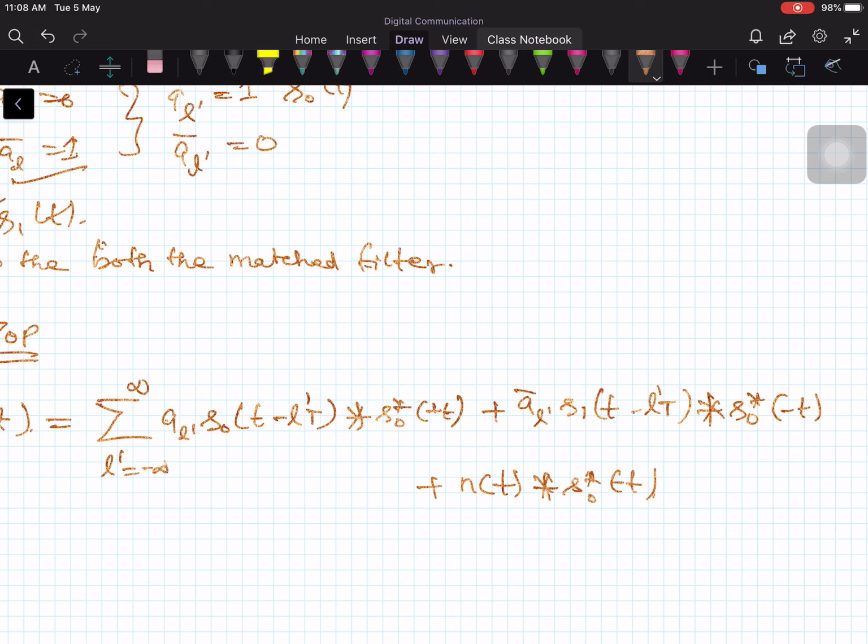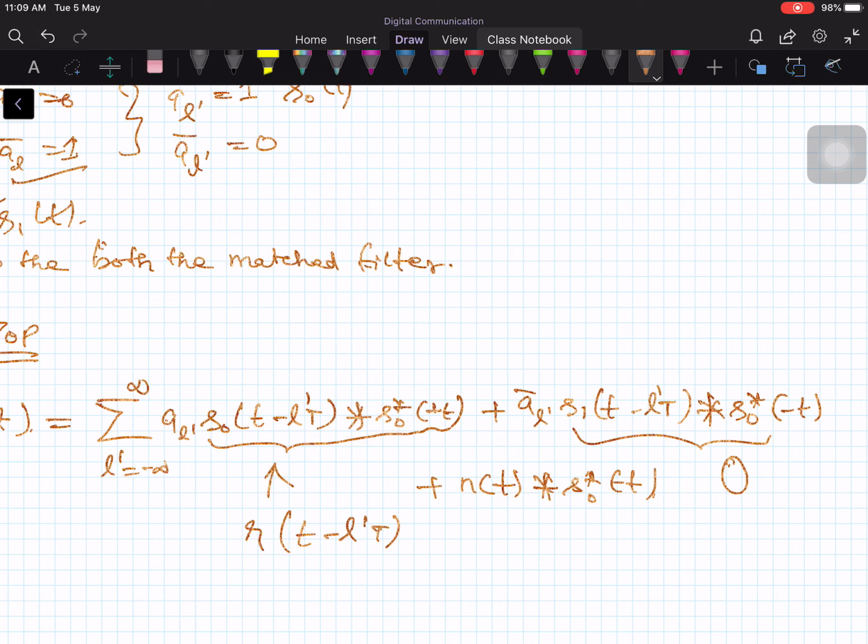Now, these two are matched, so let me call this R of t minus L prime T. And what do you say about these two guys? In particular, this S0 of t and S1 of t are chosen to be orthogonal. Therefore, this term will be 0.